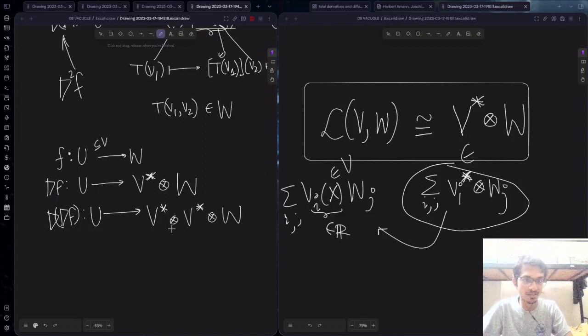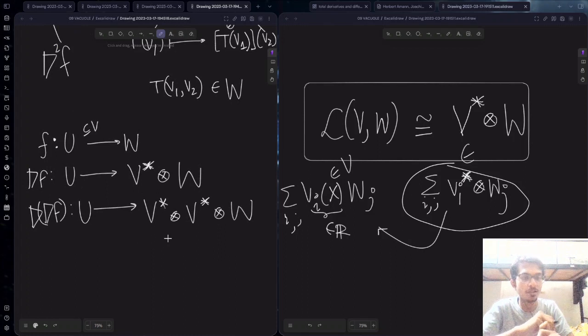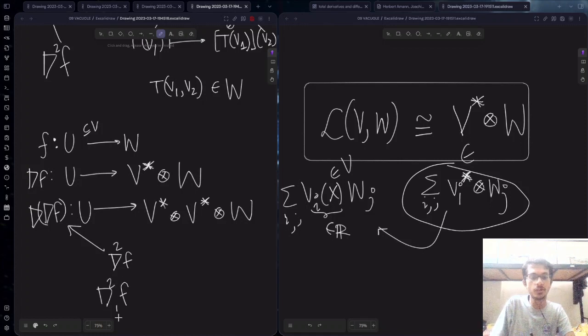So this is what the double derivative would be. This would be a bilinear function at a point. I would define that to be d square of f, which, fixed at a point, would be a bilinear function.